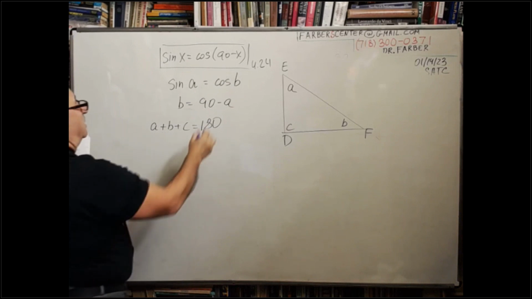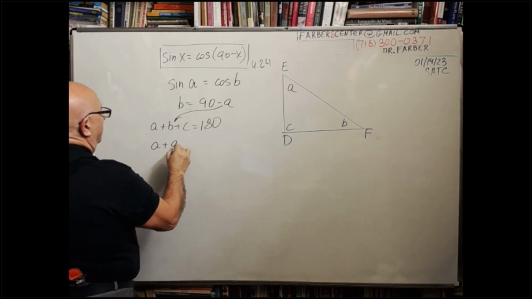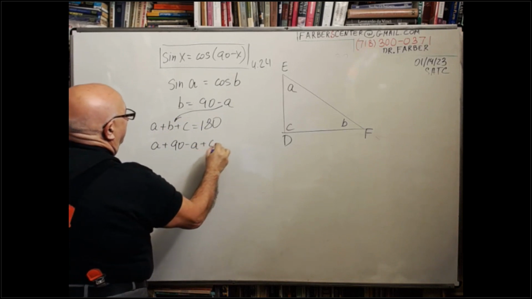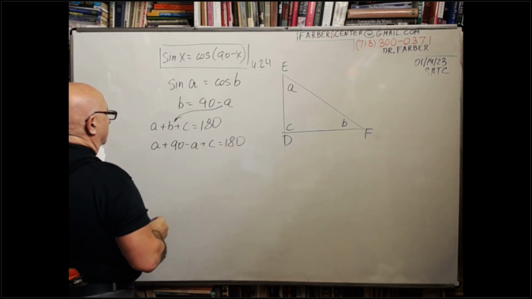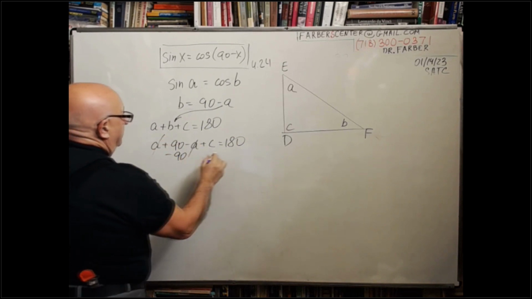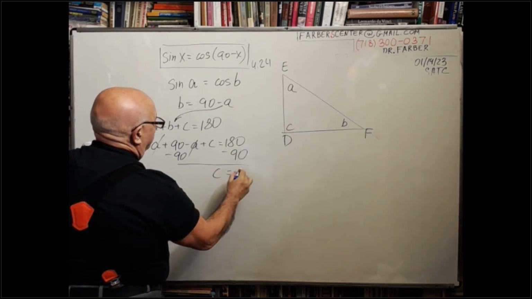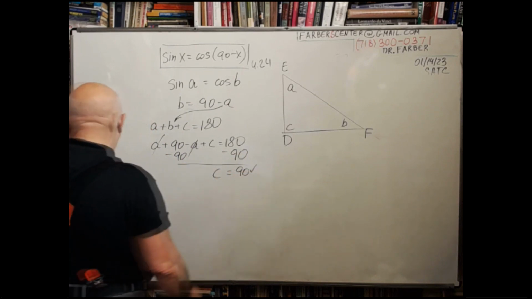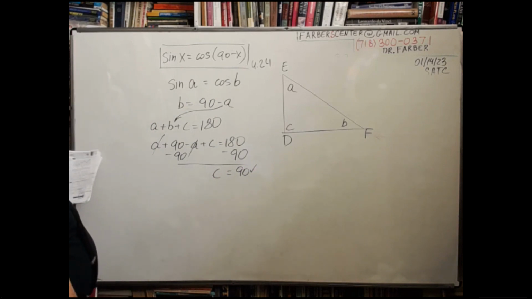But since B equals 90 minus A, we have A plus 90 minus A plus C equals 180. A and A cancel out, minus 90, minus 90. You get C equals 90. Property of cofunctions.